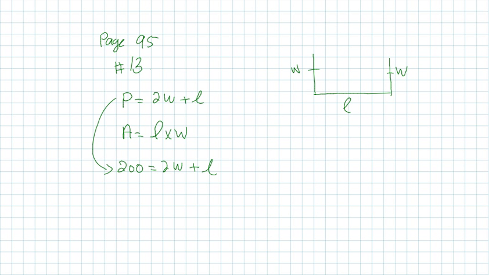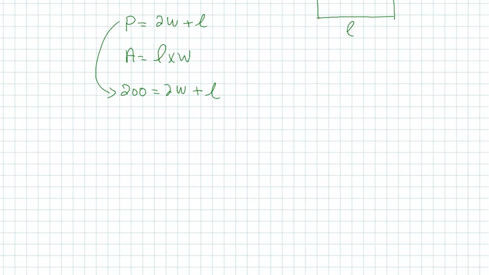It's up to you because we can isolate for both. The easier one to isolate is L, because then you can move the 2W over right away, but you can also isolate for W, it doesn't matter. It's going to be exactly the same. So I'm gonna isolate for L because that's the easier one.